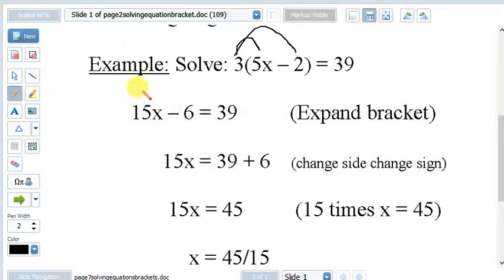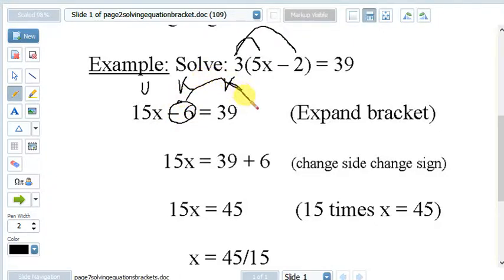Next we label our unknowns and knowns. So 15x is an unknown because it's got a letter, minus 6 is a known, and 39 is also a known. So what we need to do here is to get the unknowns on one side and the knowns on the other. Now the knowns don't have any unknowns in them, and an unknown is a letter.